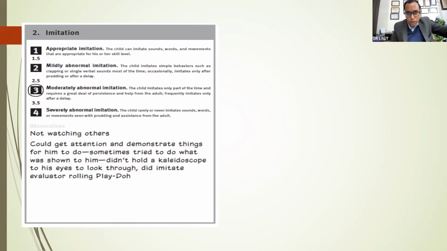This child is not able to imitate simple verbal sounds like ma, pa, ta, na, but he is able to do some action imitations. Probably the child might be non-verbal, so we don't know. As a result, the score for this child comes into the category of 3, that is moderately abnormal.